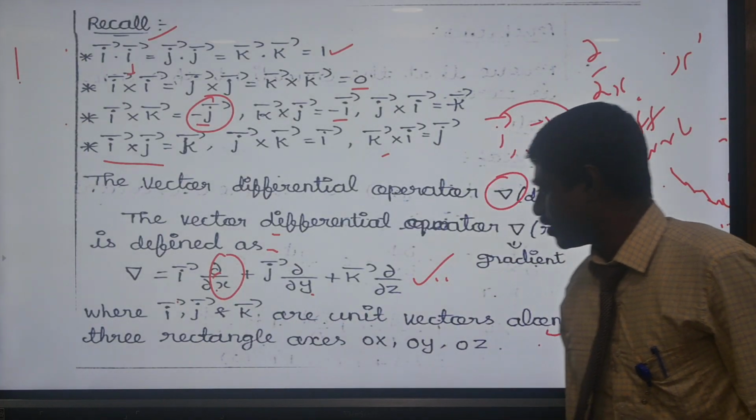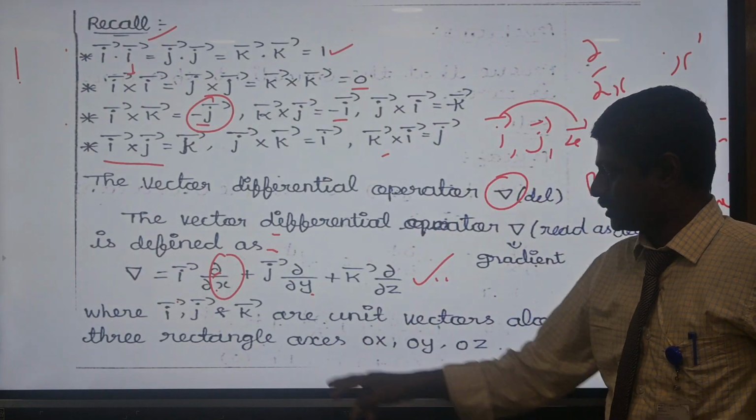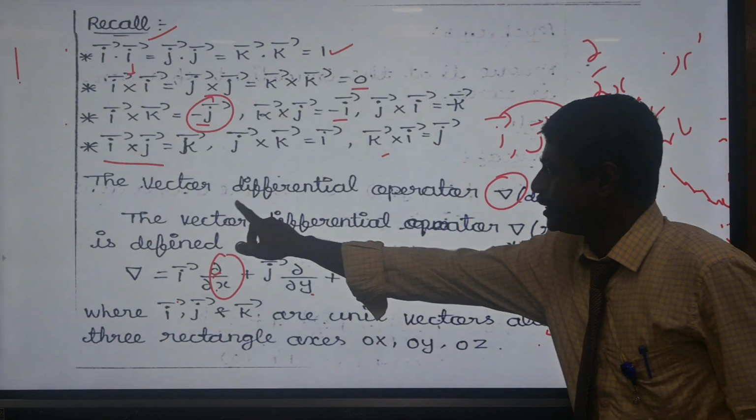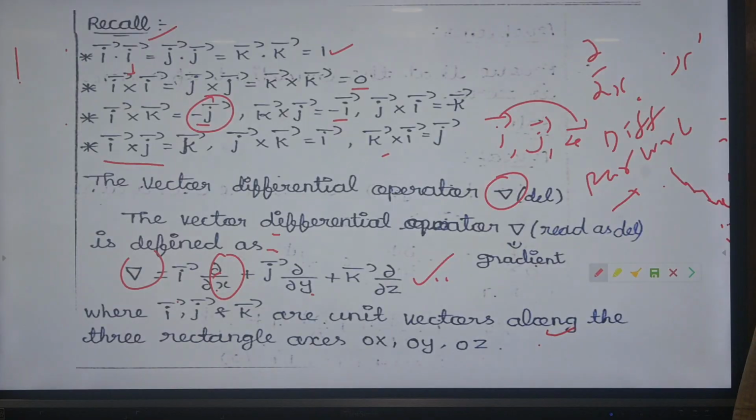Here i, j, k are called unit vectors along the three rectangular axes: i vector along the OX axis, j vector along OY, and k vector along the z axis, that is OZ. So remember, del equals i dou by dou x plus j dou by dou y plus k dou by dou z.